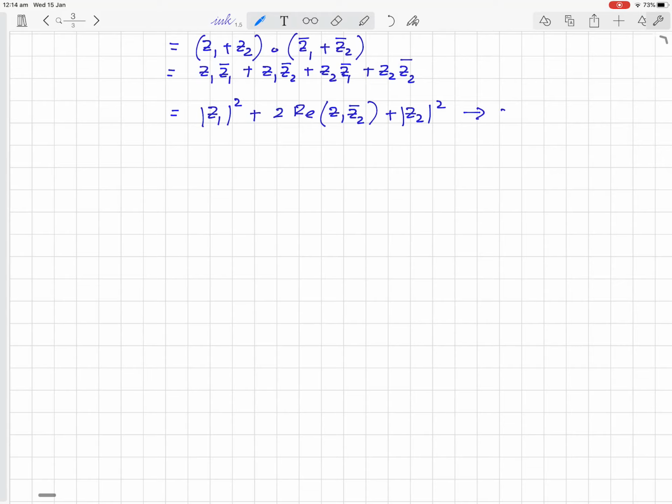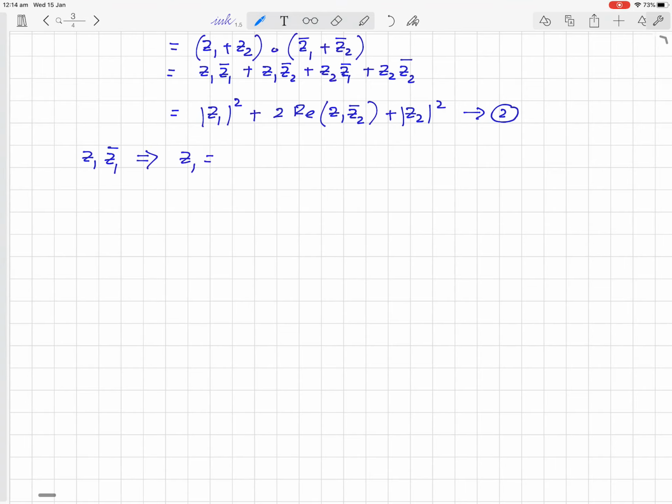Now this is my second equation. Before I do more, I will show you how this works. Sorry, this is not z2, this is z1.